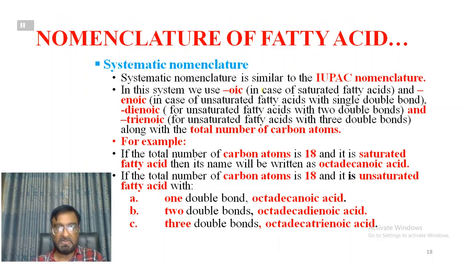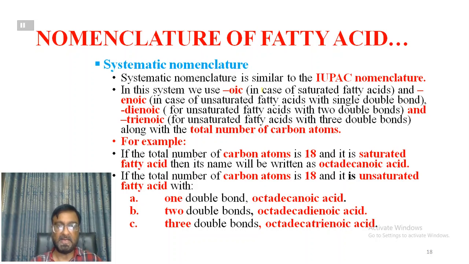Then another nomenclature is the systematic nomenclature. Systematic nomenclature is similar to the IUPAC nomenclature, that makes use of the oic endings. For example, enoic, dienoic, trienoic.